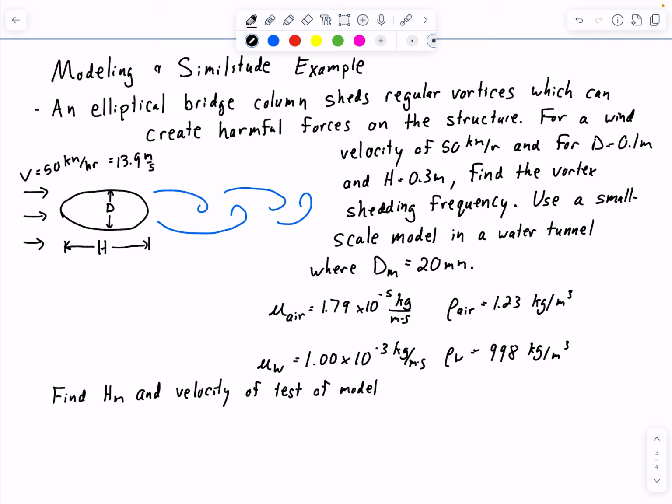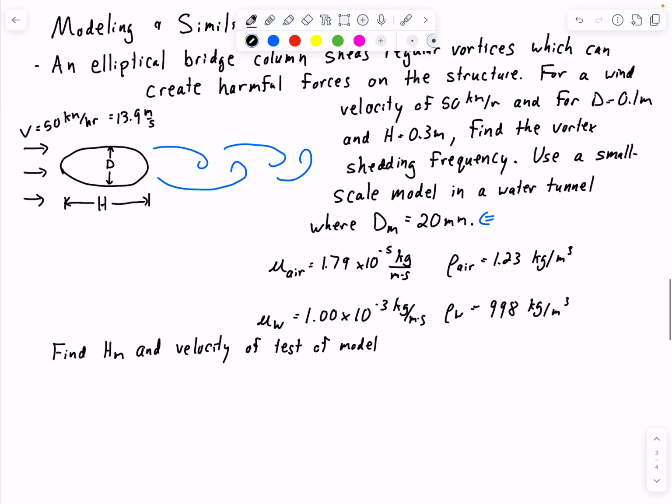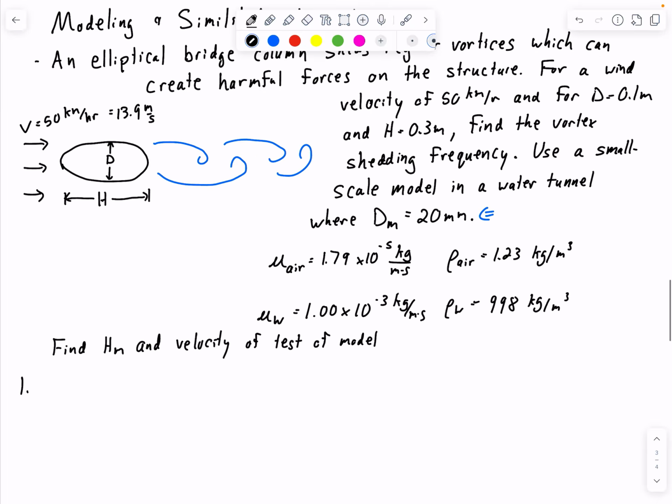So we were given D sub m right here, but we're not given H sub m. So the first thing we need to do is to find that. First off, we have to do a dimensional analysis to figure out what our model system needs to be relative to our prototype. So we're going to do dimensional analysis.